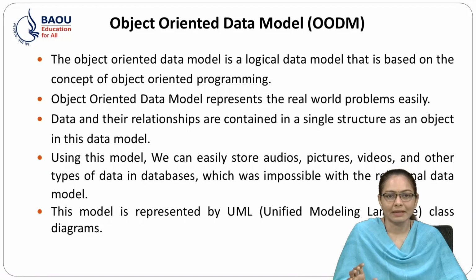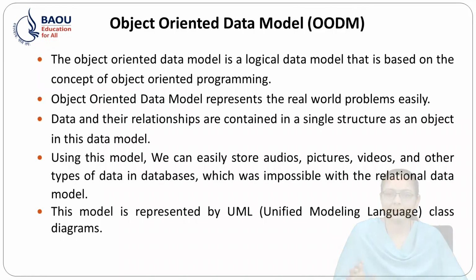Real world problems are represented as objects with different attributes, and all the objects have multiple relationships between them. The data and their relationships are contained in a single structure as an object in this data model, because using objects we can easily use the data and methods of the class structure.